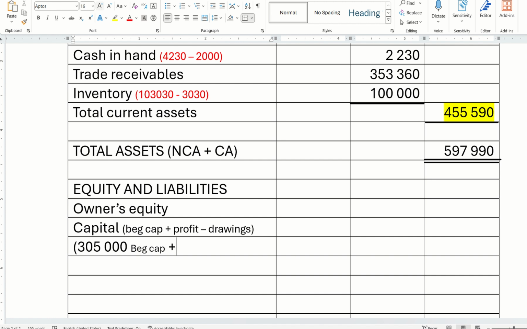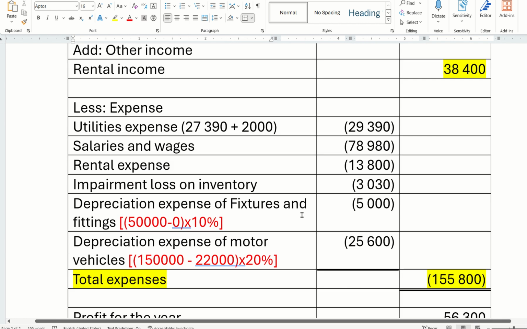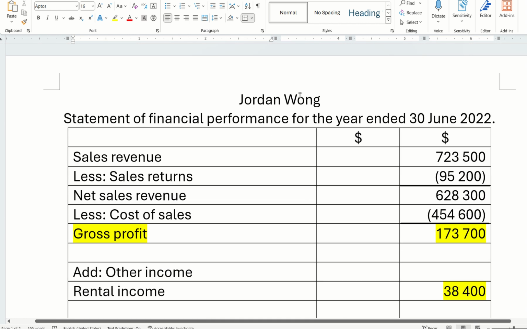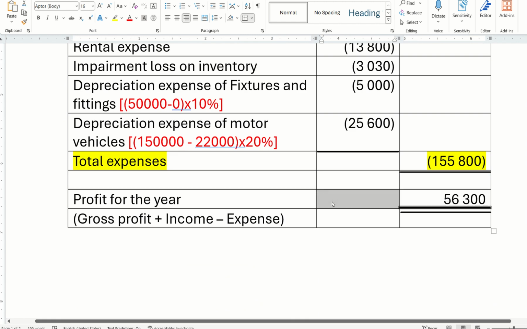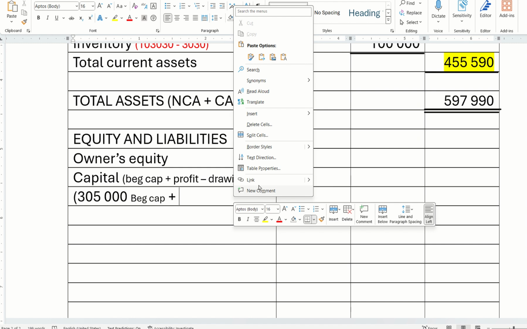Then I have my profit. Where did I get my profit from? Right above here, from my statement of financial performance. Here is my profit for the year. I'm going to take that and put it under here.